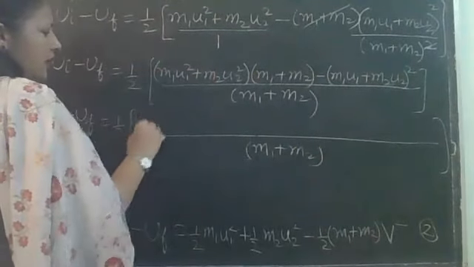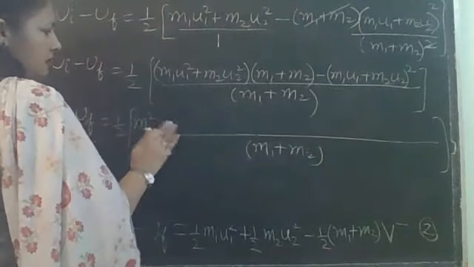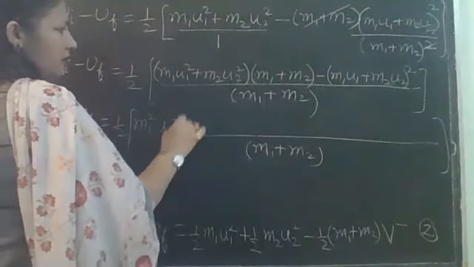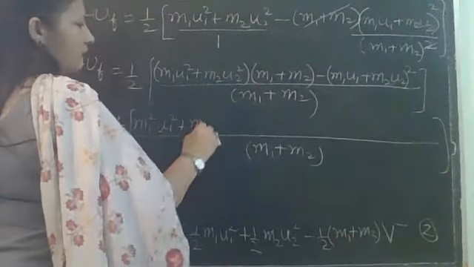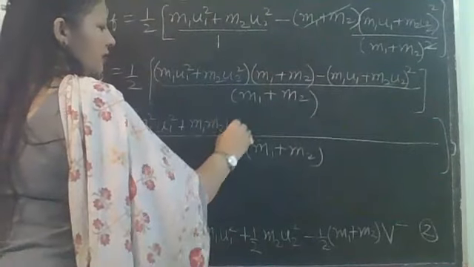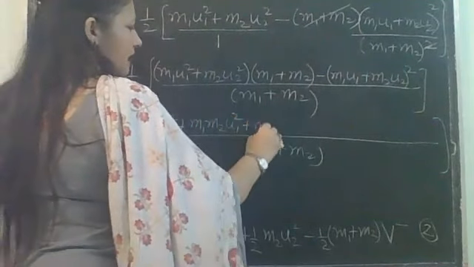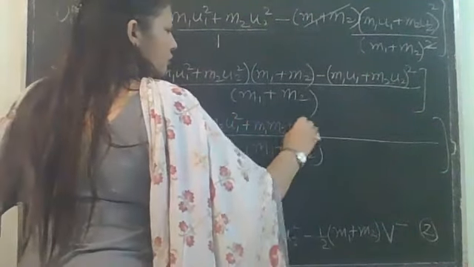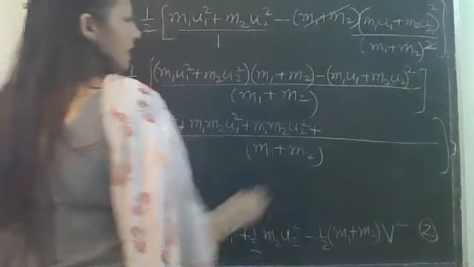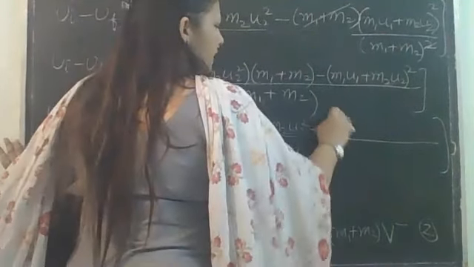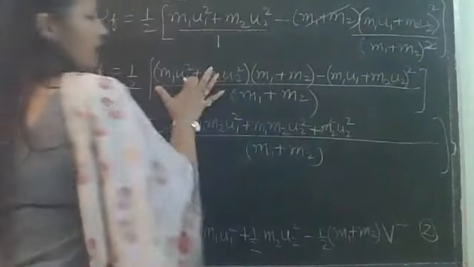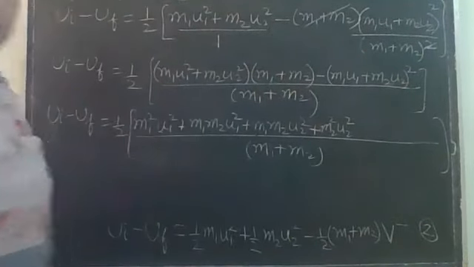Let's multiply these two together. m1 square u1 square plus m1 m2 u1 square plus m1 m2 u2 square plus m2 square u2 square. So we have multiplied these two. We get this.